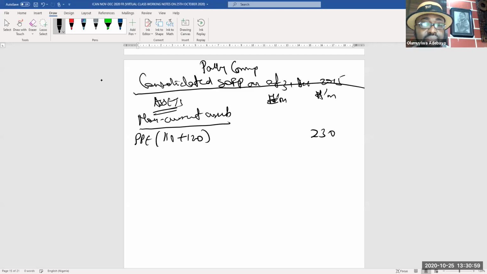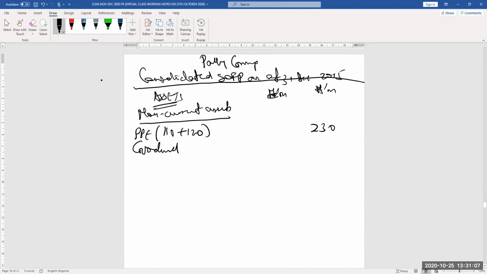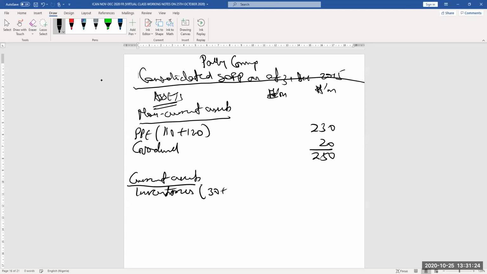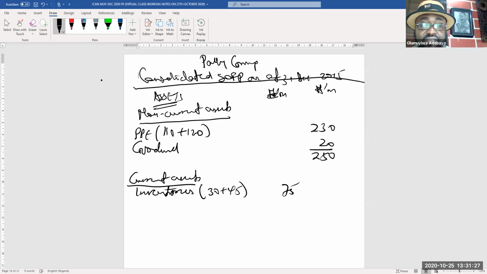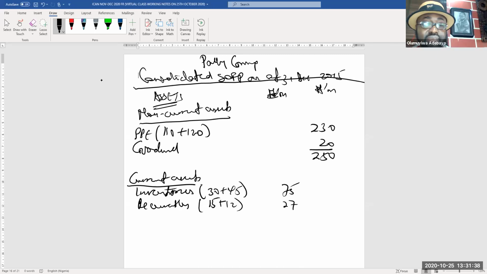That is 230. Our goodwill was 20. I'll call this 250. My current assets. I have inventories. 30 plus 45, that's 75. I have receivables. That is 15 plus 12, that's 27.